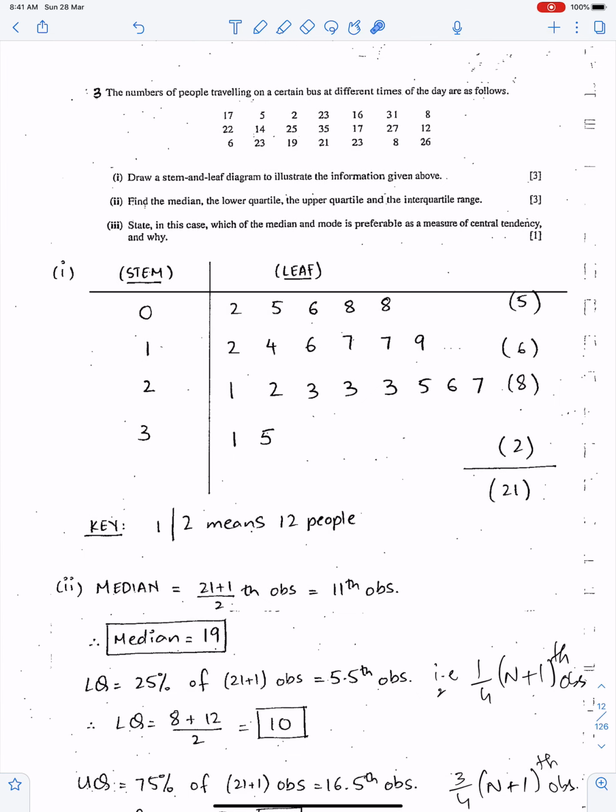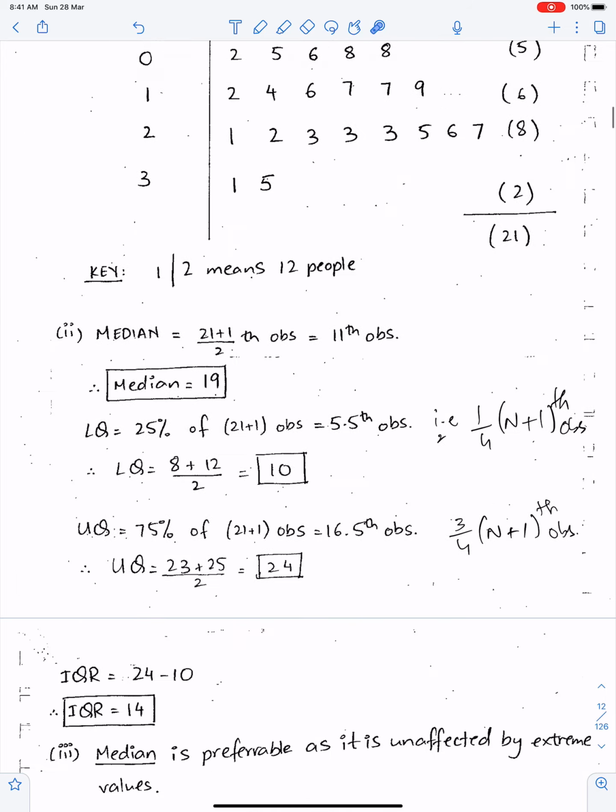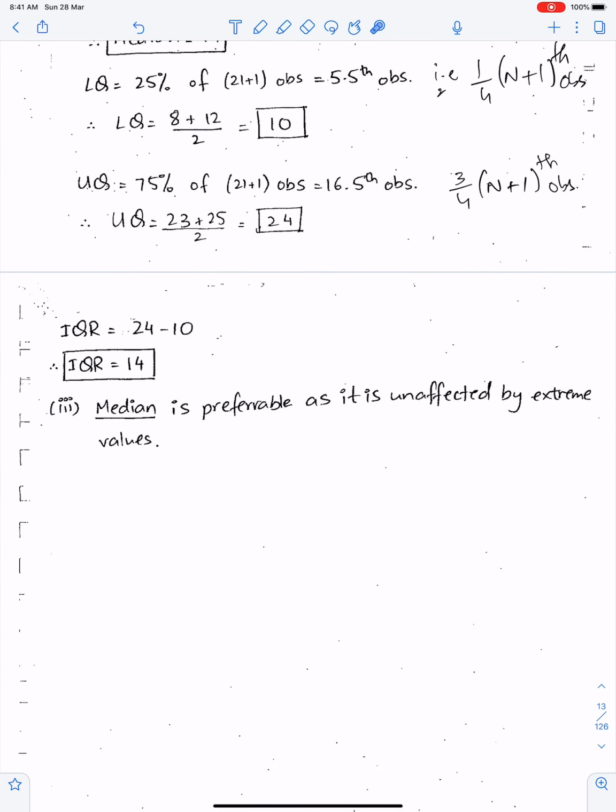Now state in this case which of the median and mode is preferable as a measure of central tendency, and why. Well, this data has mode 23, the total number of observations is 21, and the median is 19. Median is preferable as it is unaffected by extreme values.